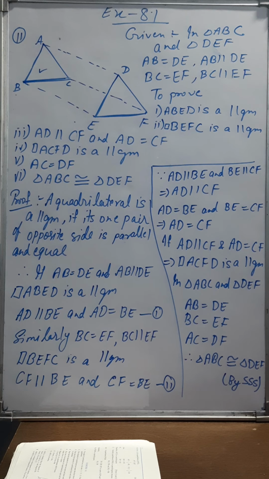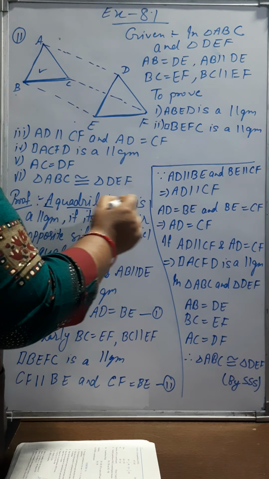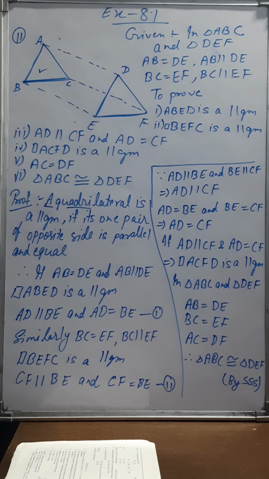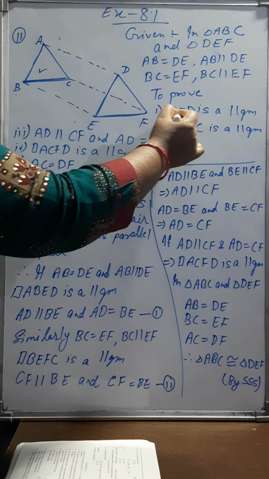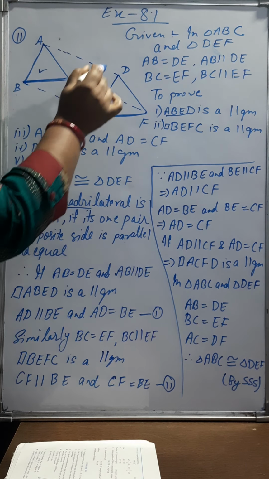So one by one we will see. Here we will use the theorem that a quadrilateral is a parallelogram if one pair of opposite sides is parallel and equal. So look at the quadrilateral ABED. Here it is given that AB is parallel to DE and AB is equal to DE. So we are getting a pair of opposite sides equal and parallel, AB and DE.